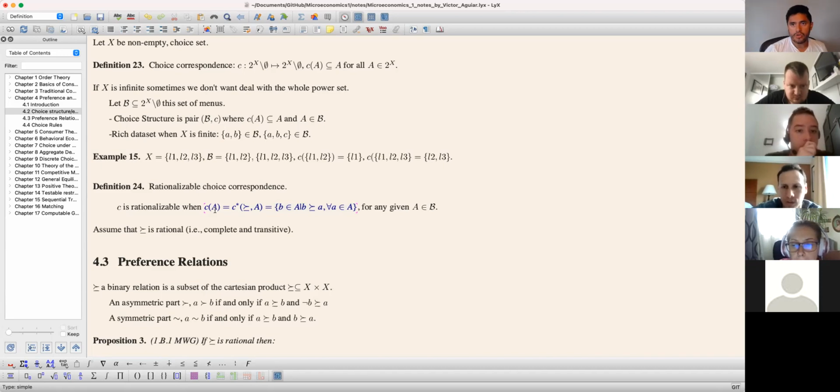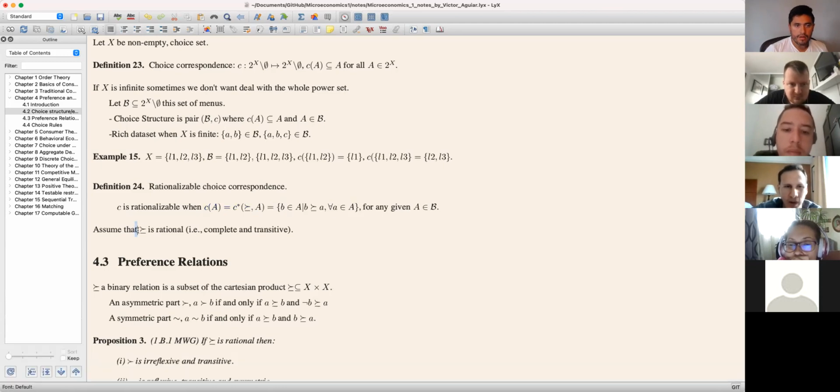So C is a set, and this set is equivalent to this other set. In that other set, the preferences are already complete without needing to assume it, but yes, it is necessary to assume that they are transitive as well.